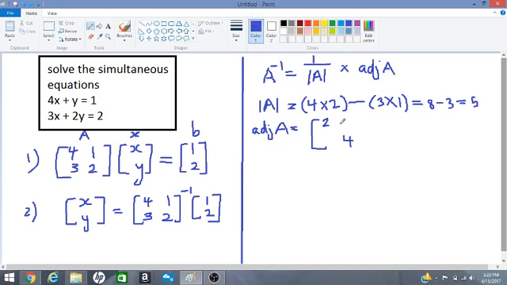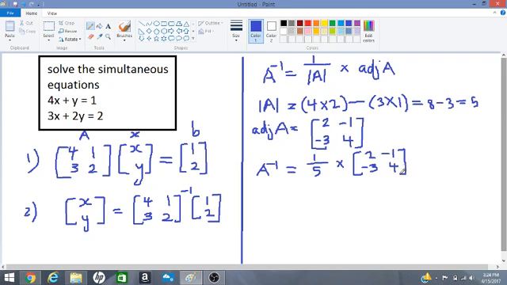So we'll have negative 1, negative 3. And that's our adjoint. So the inverse of the matrix with coefficients is equal to 1 over the determinant, which is 5, multiplied by the adjoint of A: 2, negative 1, negative 3, and 4.